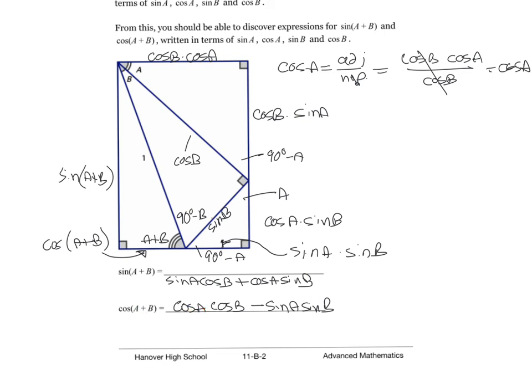And these are different rules. This is sine, cosine, cosine, sine. This one's cosine, cosine, sine, sine, with a minus. If you want to kind of remember that. But they're very different, but they sort of accomplish the same goal of an equivalent statement to the cosine of the sum and an equivalent statement to the sine of the sum.